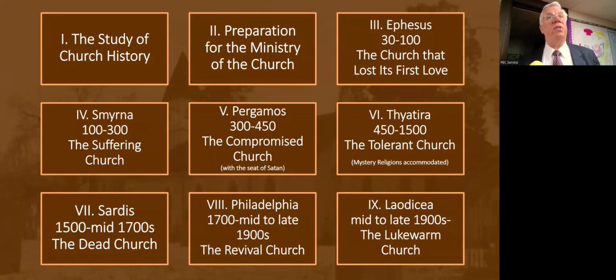So you have the seven churches covering the time from the early church, from the times of Christ, all the way up to the Laodicean age, which maybe we're in, maybe we're not.